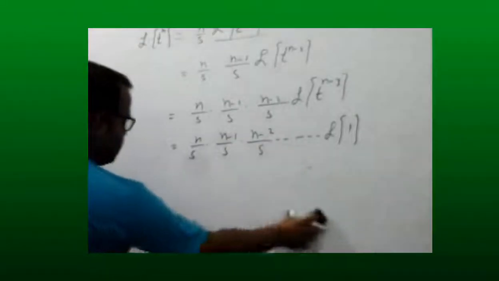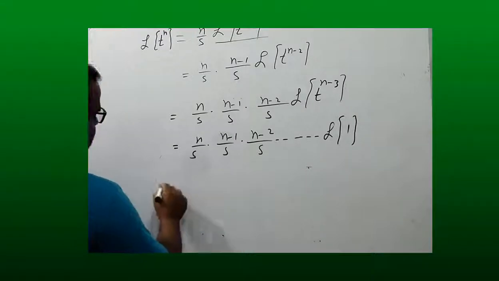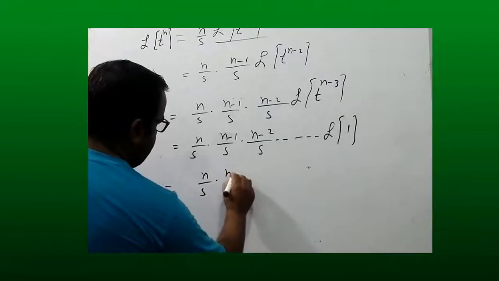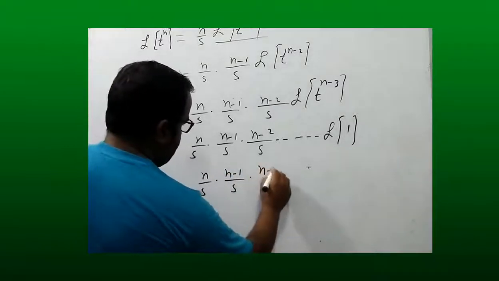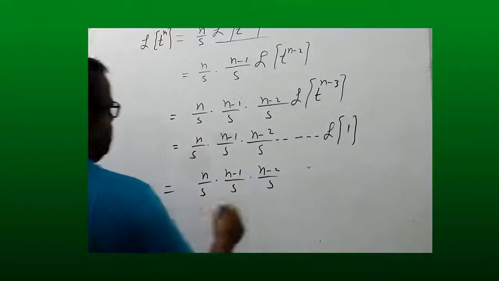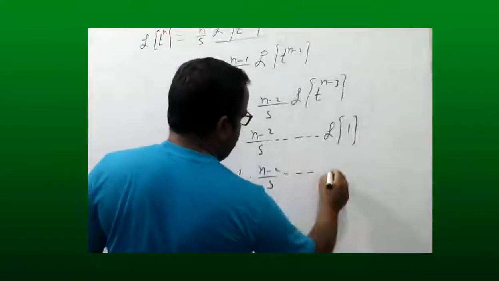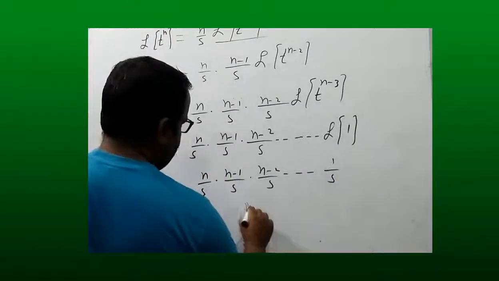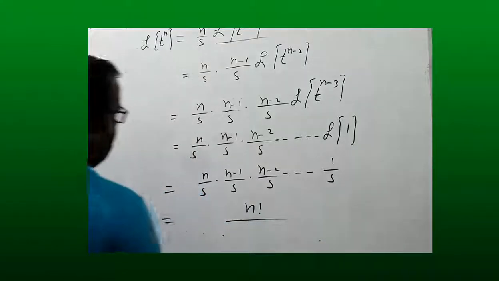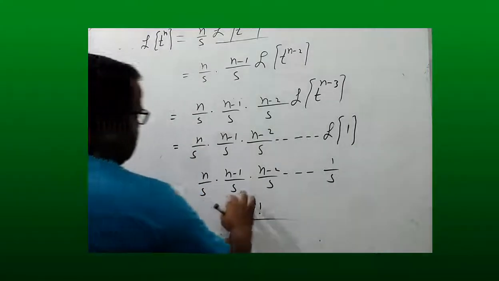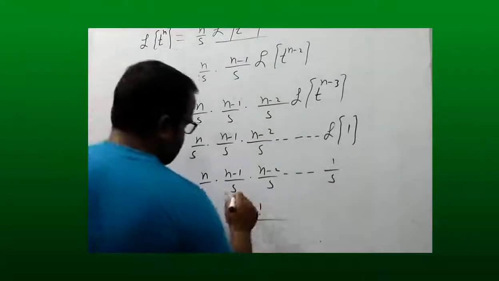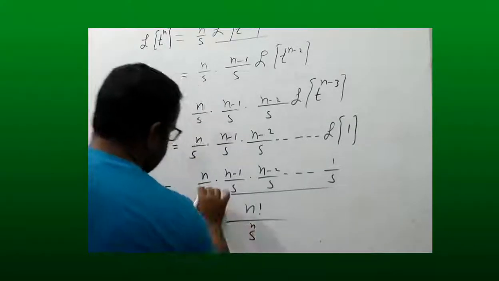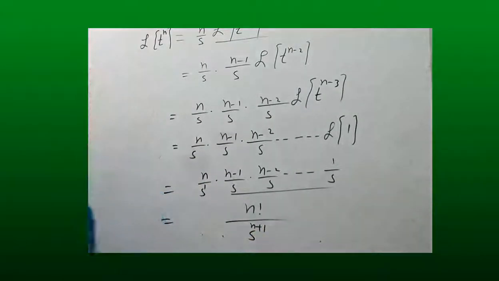Which is n by s, n minus 1 by s, n minus 2 by s, and so on, up to 1 over s. So this product n, n minus 1, n minus 2 and so on can be written as n factorial, and the power of s is n plus 1.